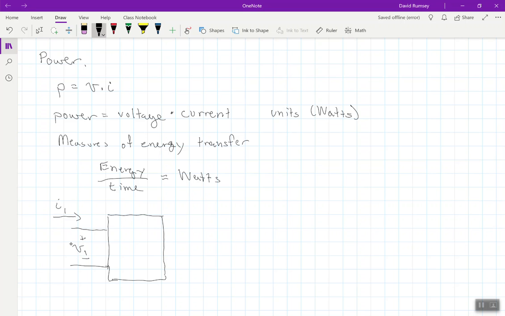So let me give you some numbers here. I1 is equal to 2 amps and V1 is equal to 3 volts. So the power would simply be 3 volts times 2 amps, which would be 6 watts.